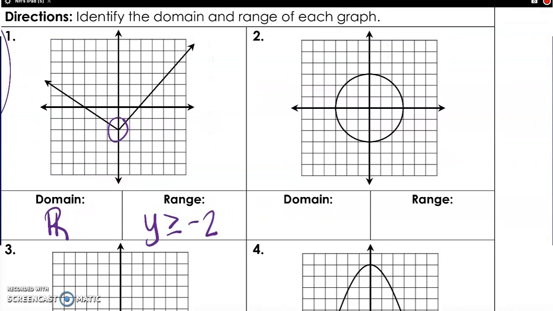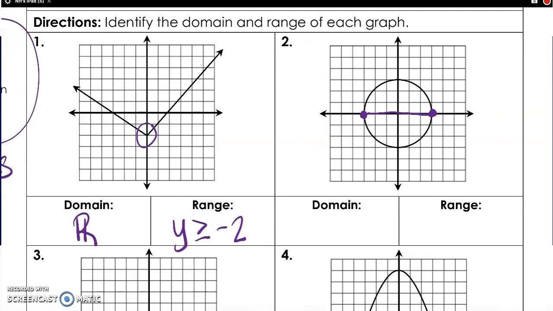Number 2, I don't start until right here on the left, and I go over to right here on the right. So there's a beginning and there's an end. If you look back at number 1, there's no beginning or end for our X values left and right. This one, we do have a beginning and an end. The furthest left we go is -3.